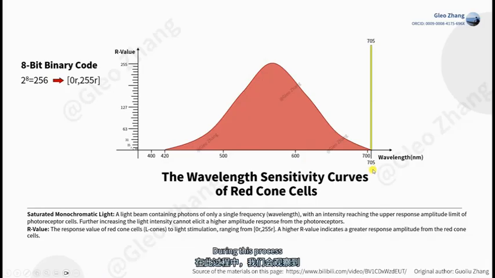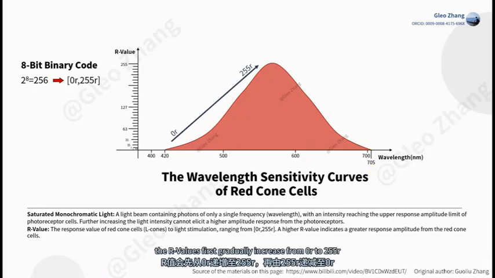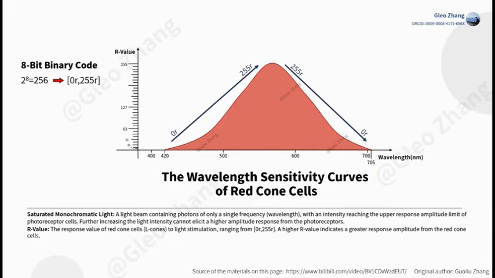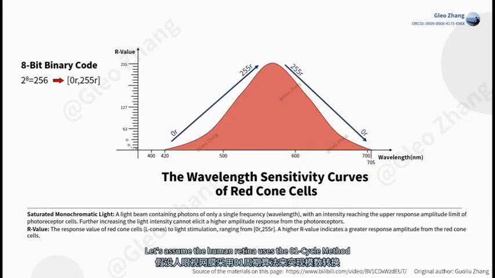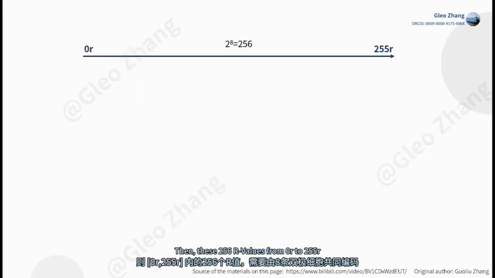During this process, we can observe that the R values first gradually increase from 0R to 255R, then gradually decrease from 255R back to 0R. Let's assume the human retina uses the Z1 circle method to achieve analog to digital conversion. Then, these 256 R values from 0R to 255R need to be jointly encoded by A bipolar cells.